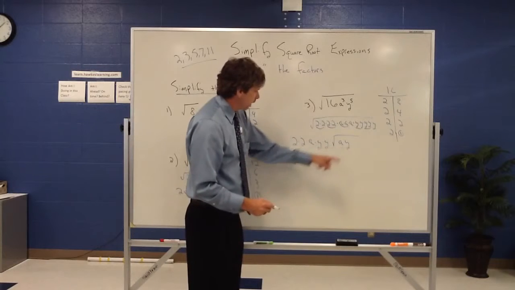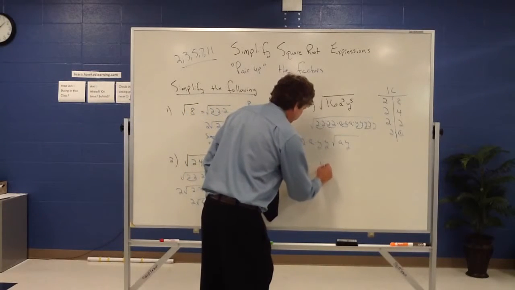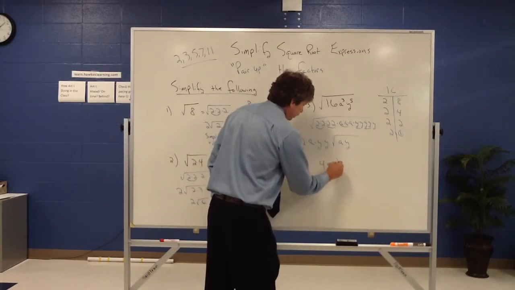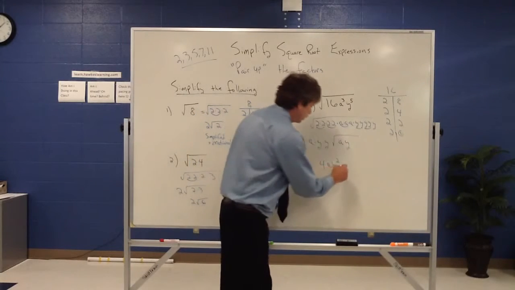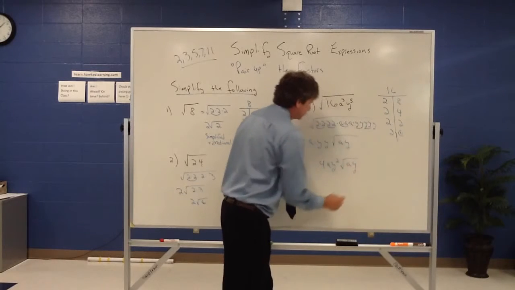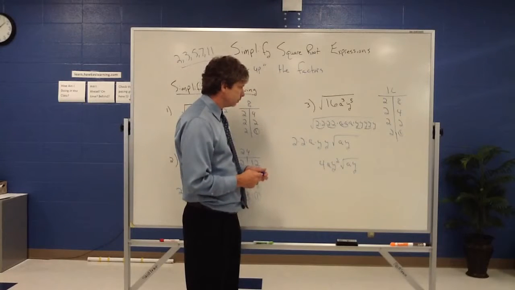Now to clean up the outside: 2 times 2 can be written as a 4. The a just comes in, but y times y can be written as y squared. We can use exponents to put that back together, and then we have the square root of ay on the inside. That's what we refer to as a simplified expression.